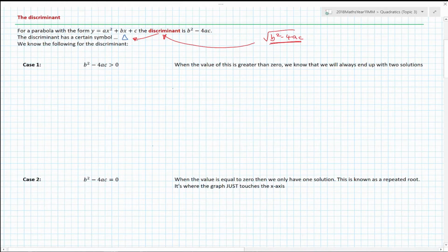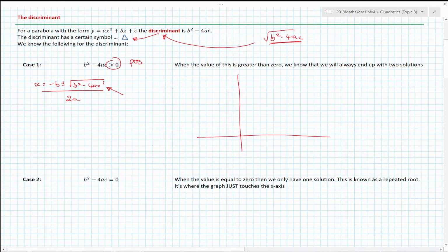Now, to recap what we did last time, when we had the formula x is equal to minus b plus or minus the square root of b squared minus 4ac all over 2a, this thing here can take three values. If it's greater than 0, otherwise known as a positive number, that's awesome. That would tell us that we will always end up with two solutions to the quadratic, i.e. it will cross in two places.